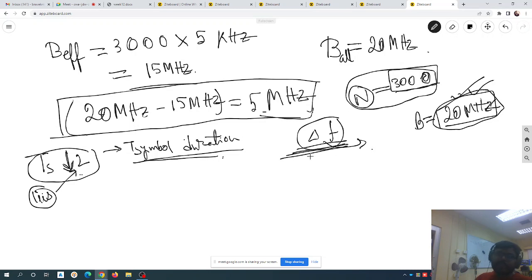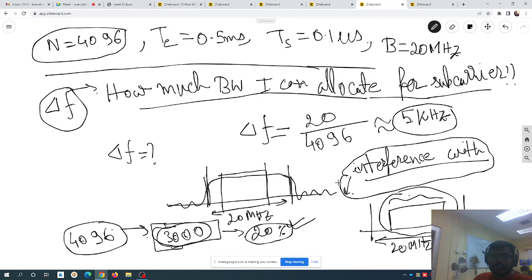If we have to adjust, what should be the delta f right now? It should be bandwidth, 20 megahertz, divided by 3000 for this case. We are using this 3000, but as we discussed earlier, interference may occur here, but still this is the rule, we cannot use 20% of the total subcarriers.